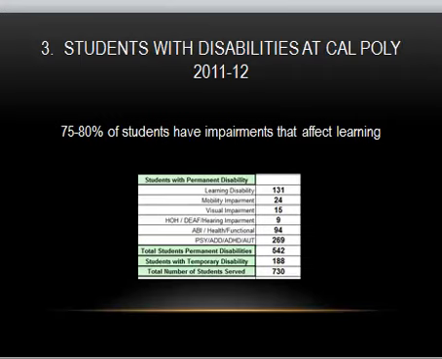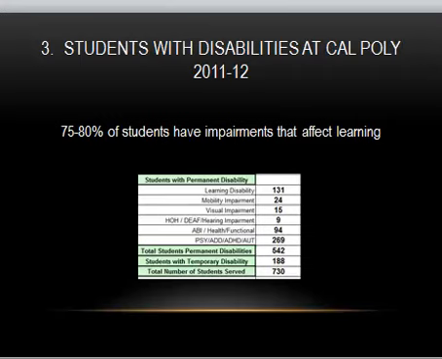Next slide. Number 3. Students with disabilities at Cal Poly in the year 2011 to 2012. 75 to 80% of students had impairments that affect learning. Included on the slide is a screenshot that includes students with permanent disabilities.